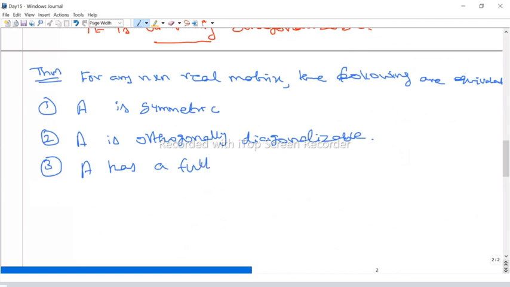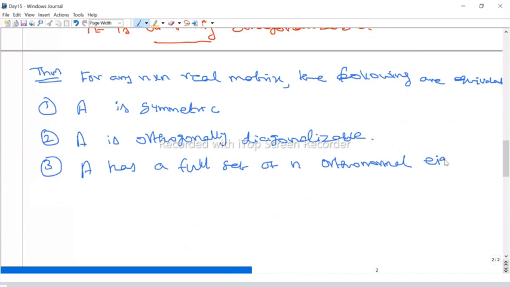So A has a full set of n orthonormal eigenvectors. Because every matrix has an eigenvalue, for each eigenvalue we have a corresponding eigenvector, and those eigenvectors form an orthonormal set.